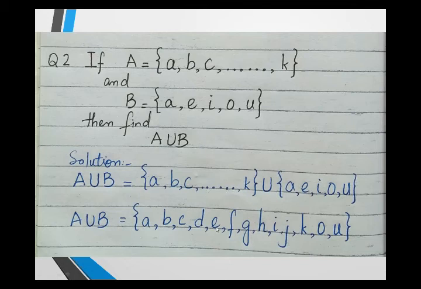So E is repeating in both sets, so we write it only one time. Then F, G, H, I are also repeating in both sets, so we write them only one time. Then we write J, K. Now till the K, so we write K. Then the remaining elements of set B, which are O and U. This is the union between A and B when the sets are overlapping each other.